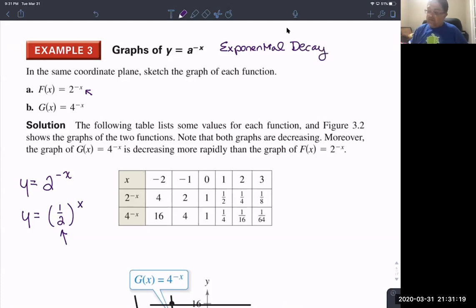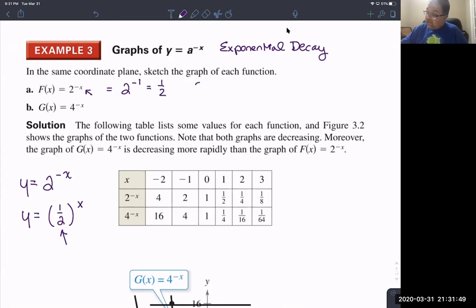Now, let's do a chart. Let's see what happens as I go to the right of the y-axis, as my x gets larger. So when x is 0, 2 to the -0, which is still 0, so 2 to the 0 is still 1. Now, when x is 1, it becomes 2 to the -1, which is 1/2.